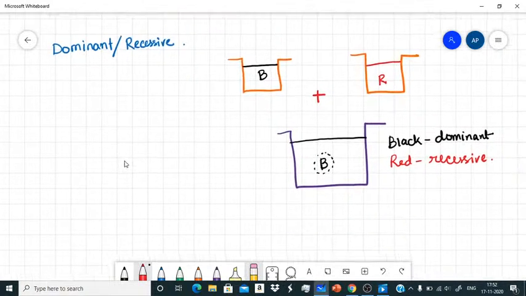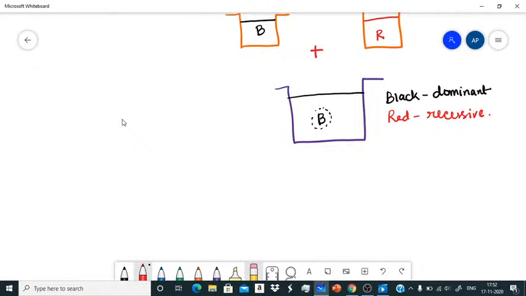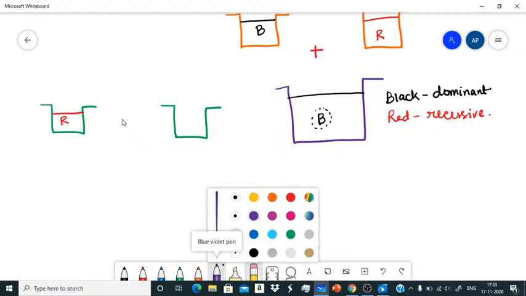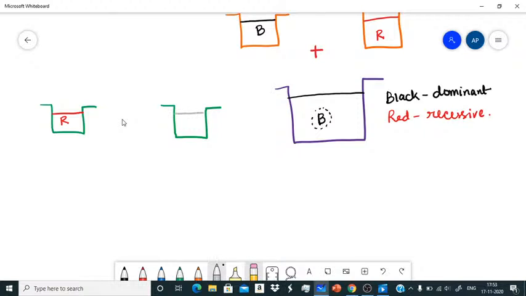Now what we can do in the later part of the discussion, we can add two different colors. Suppose I have two more buckets. In one bucket I have the red paint, and in another bucket I have the white paint. To represent white, I will be using the color yellow, or gray basically, because that's the closest color I have resembling white, since I cannot make white on a whiteboard.